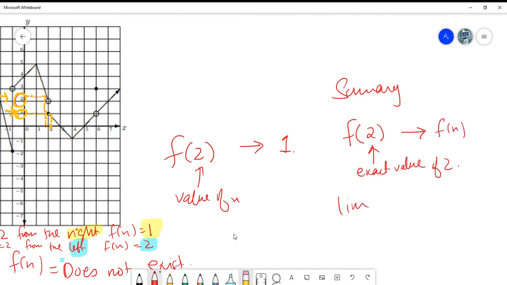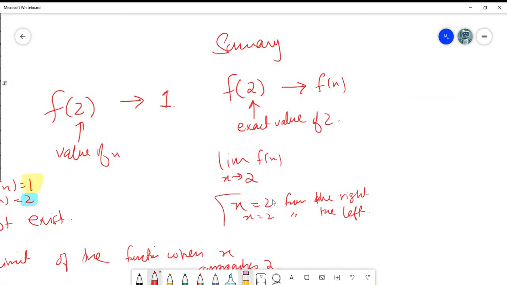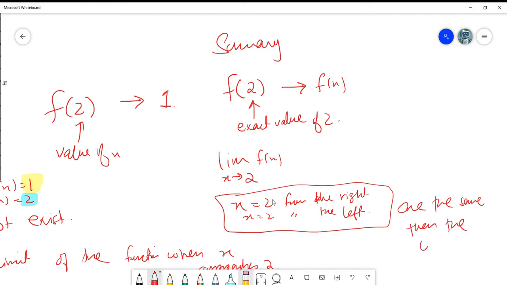But when we have to find the limit of f of x as x approaches 2, then we have to look at x equals 2 from the right and x equals 2 from the left. And only if these two values are the same, then the limit exists. Otherwise, the limit does not exist, as discussed in the examples.